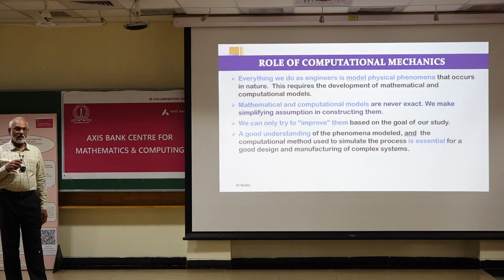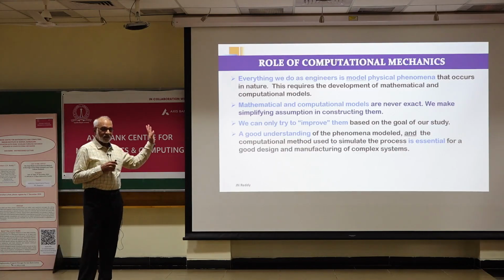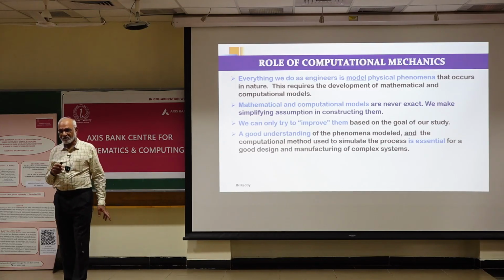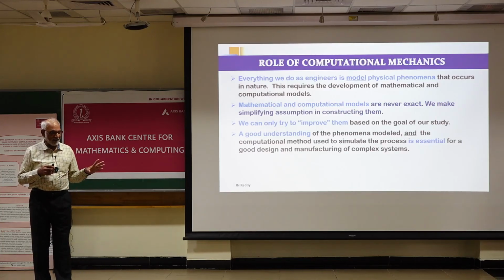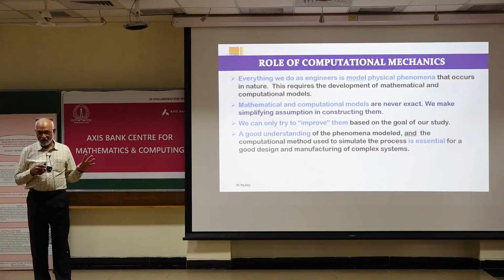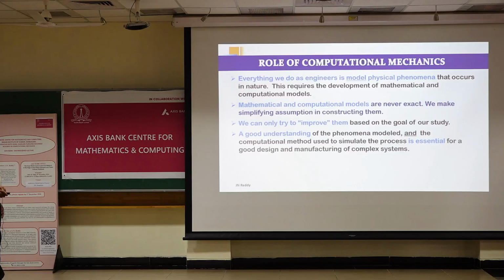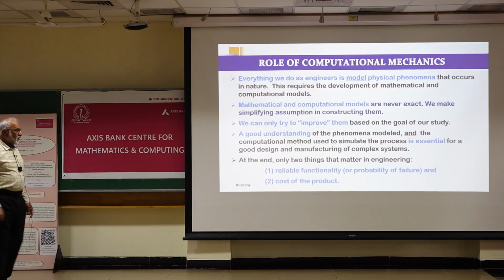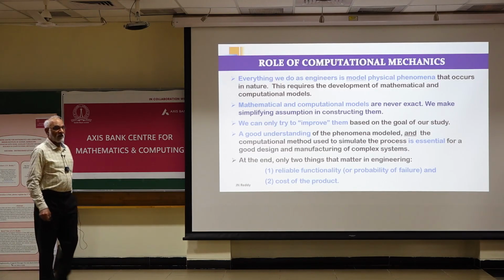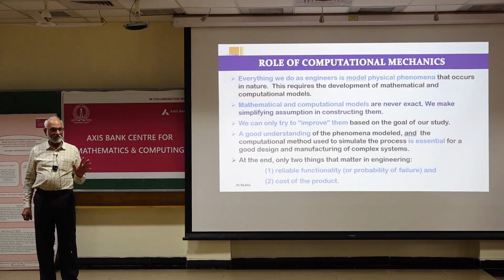The second way to get the data is through certified computational tools, such as finite elements and finite volume. So these are very, very useful even for AI. Okay, ChatGPT. Okay, so that means we can generate a lot of data using computational mechanics. And at the end, only two things matter in the real world. One is reliable functionality of whatever you are designing. And second, cost.